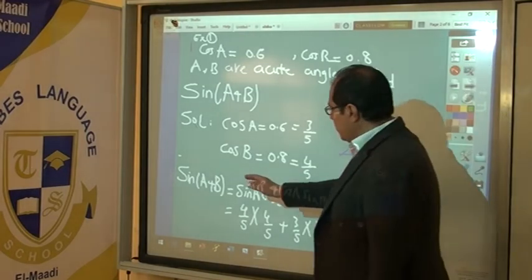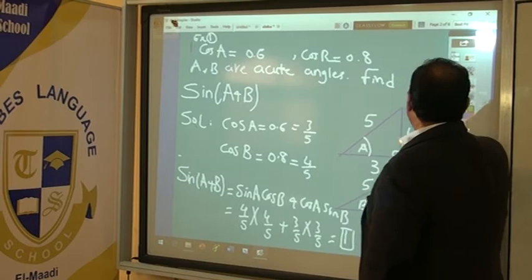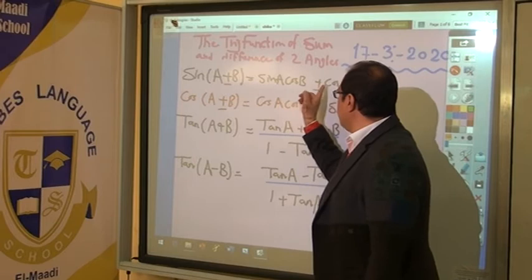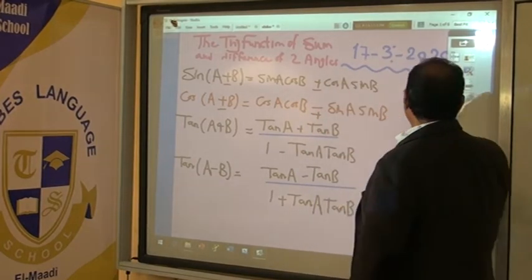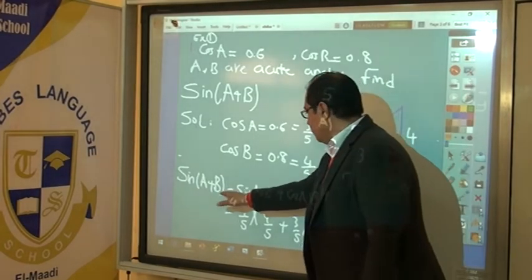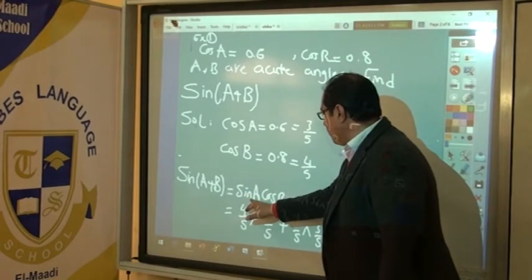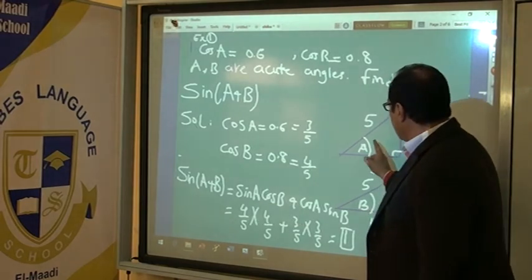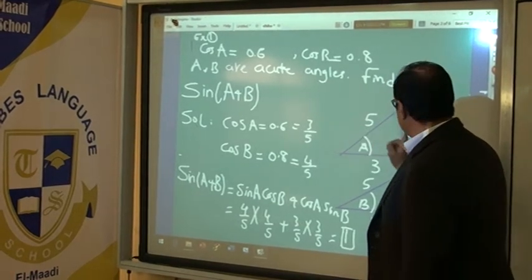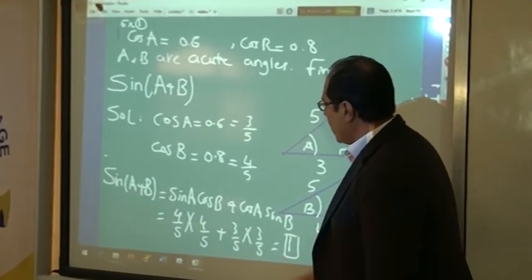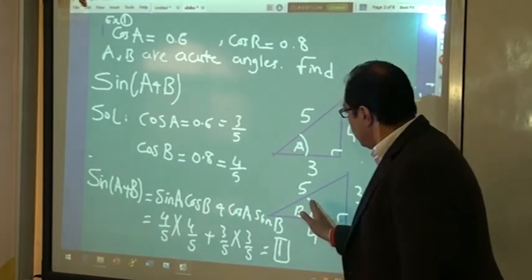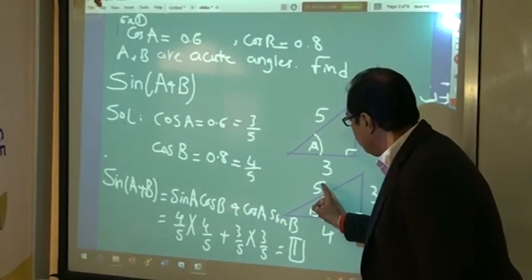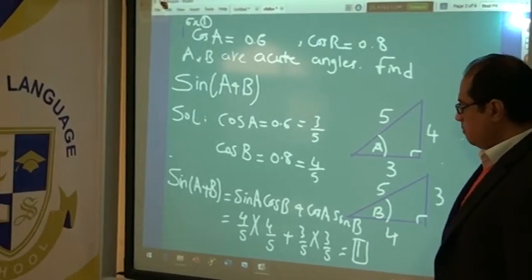Then sine (A plus B), by using the previous rule, equals sine A cosine B plus cosine A sine B. From the right-angled triangle of angle A, sine A equals opposite over hypotenuse, which equals 4/5. Cosine B from the triangle of angle B equals adjacent over hypotenuse, which equals 4/5.